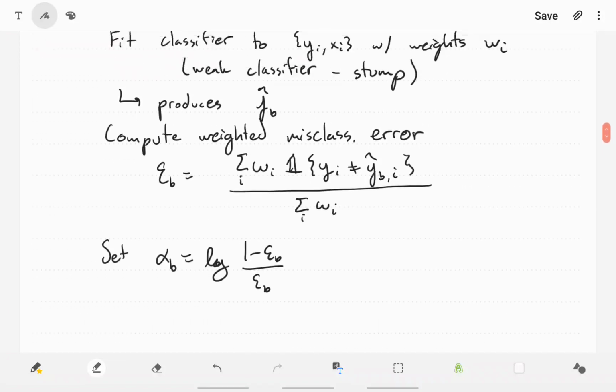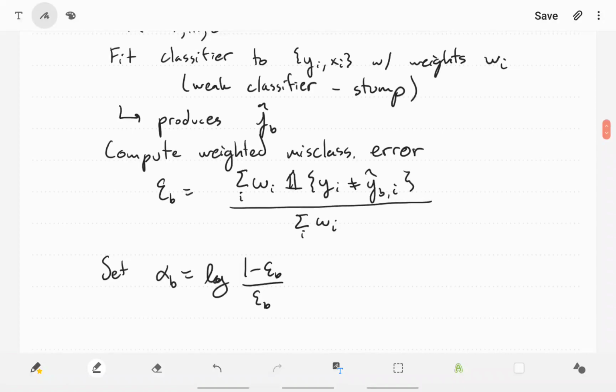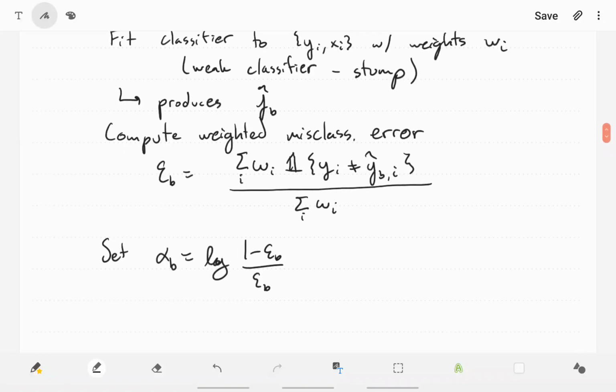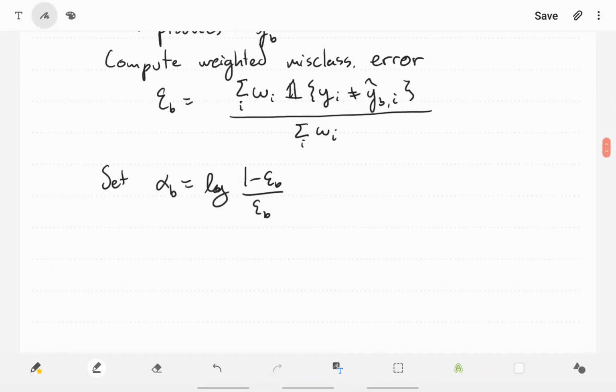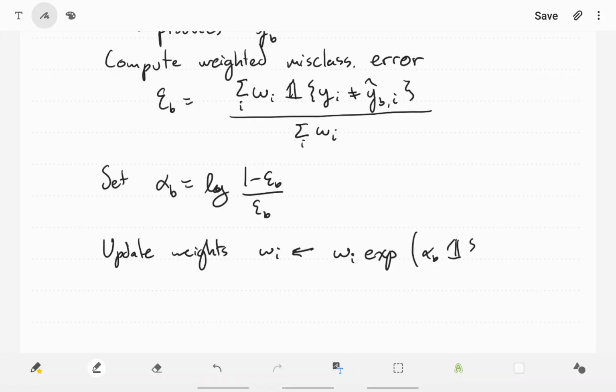So we set this alpha_b to be this, and this is going to be our weight for that predictor, and then we have to update the weights for the individual points. So w_i gets w_i times the exponential of alpha_b times the indicator that y_i is not equal to y hat b_i.